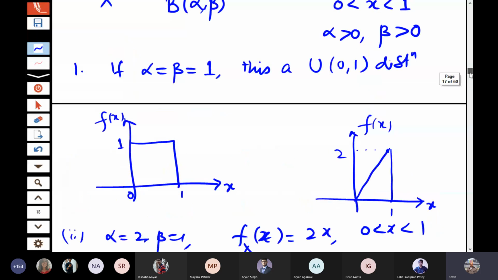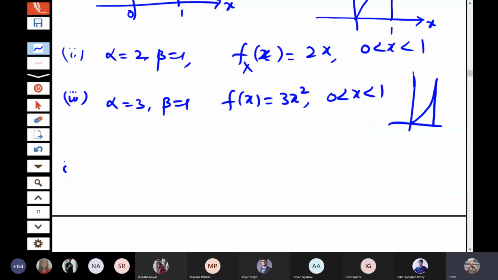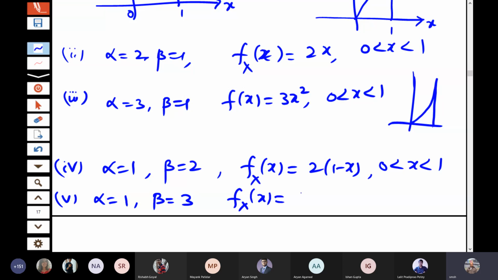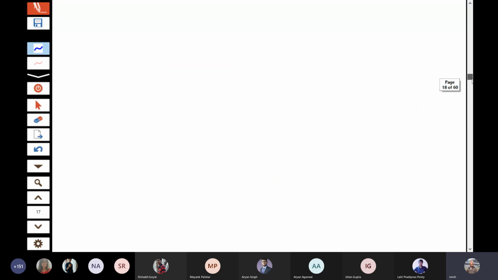Let me take alpha equal to 1 and beta equal to 2. Then what will be the distribution? It will become twice 1 minus x. If I take alpha equal to 1, beta equal to 3, then what will I get? It will become 3 times 1 minus x square.